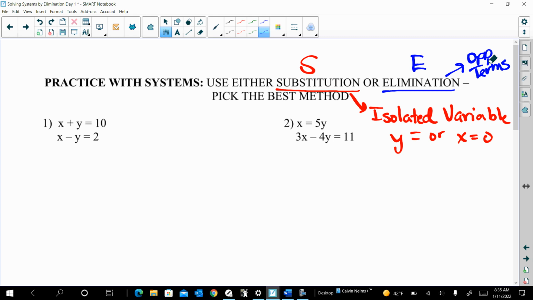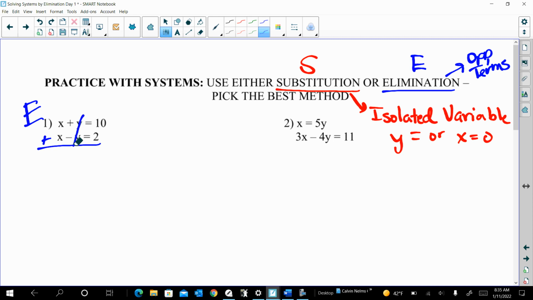All right, number 1, which is probably the best method? Elimination. Yeah, I'm just gonna put an E for elimination, because they're opposite right here, you can add and cancel out the y's.